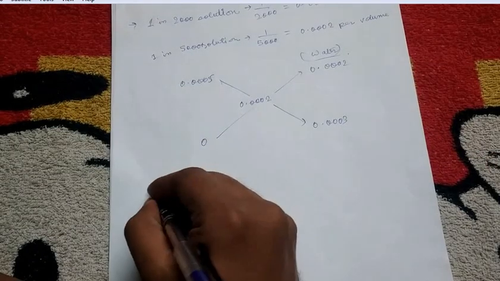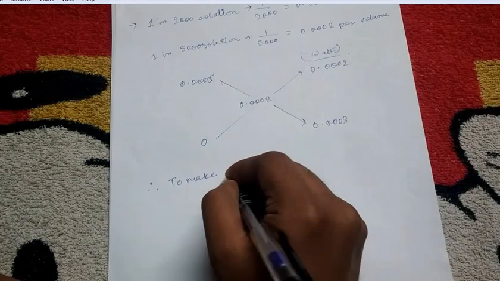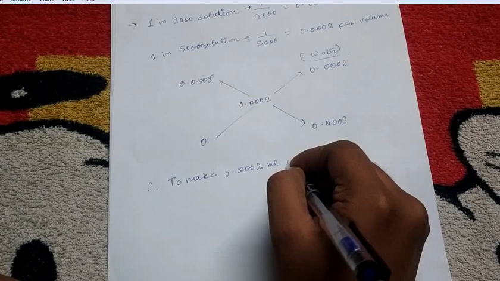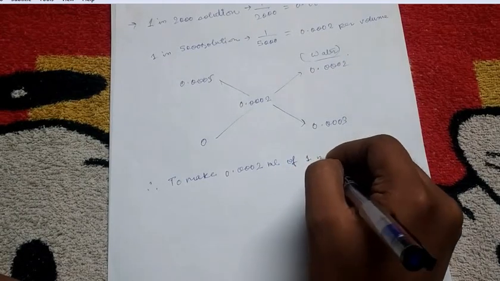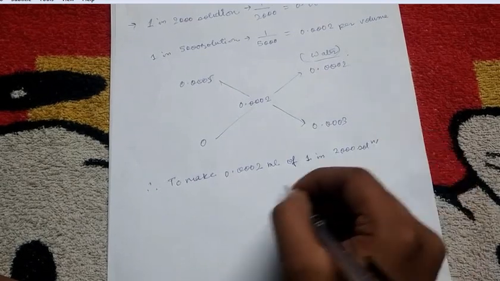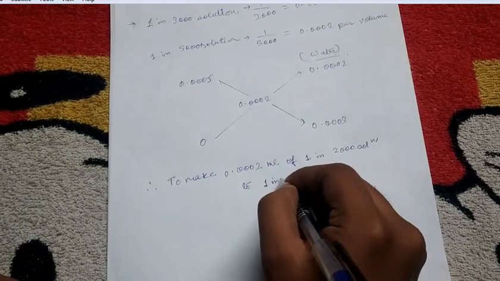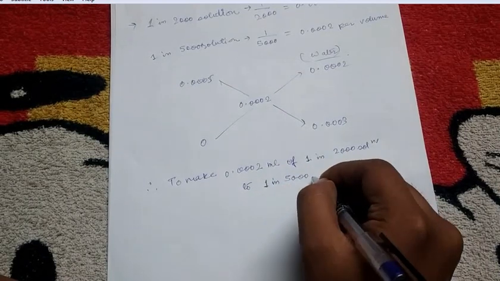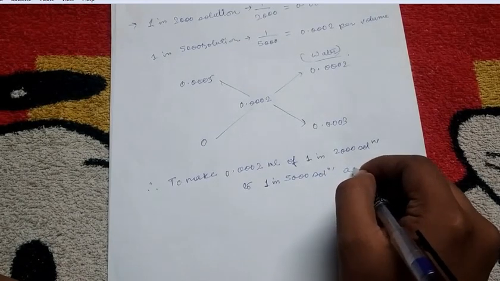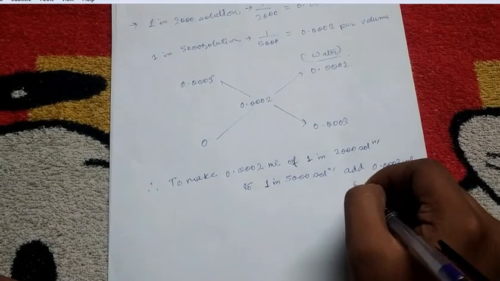So therefore by unitary method we can say to make 0.0002 ml of 1 in 2000 solution to 1 in 5000 solution, we have to add 0.0003 ml of water.